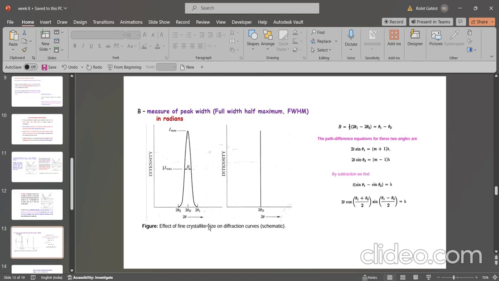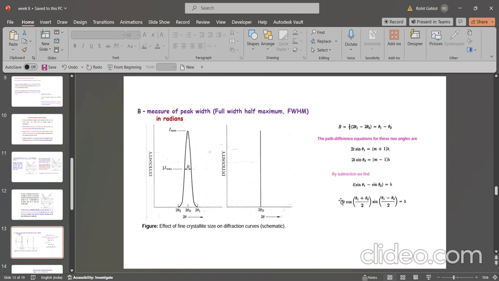Okay, so the effect of fine crystallite size on your diffraction curves. If you take the difference between these two, it will be half times 2 theta 1 minus 2 theta 2, which is theta 1 minus theta 2. Then the path difference equations for these two angles are 2t sine theta 1 equals m plus 1 lambda, and 2t sine theta 2 equals m minus 1 lambda.